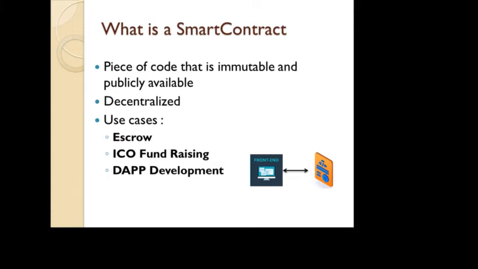So the front end always talks to this smart contract, and the front end is not going to do anything other than the presentation layer, right? The whole implementation part of it is going to reside on the smart contracts, which you can audit at any point of time.